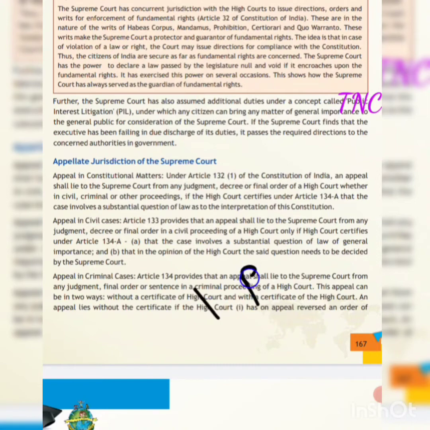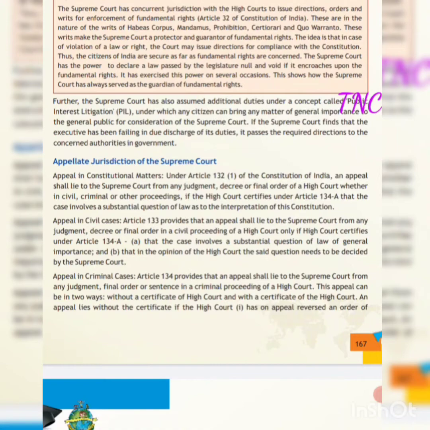Book means IPC, CRPC, the various rule books that exist in India today. That is a substantial question of law, and one particular case can not only be beneficial to the two parties involved in that matter, but if it is of general importance, it can also be relevant to other people in the society.